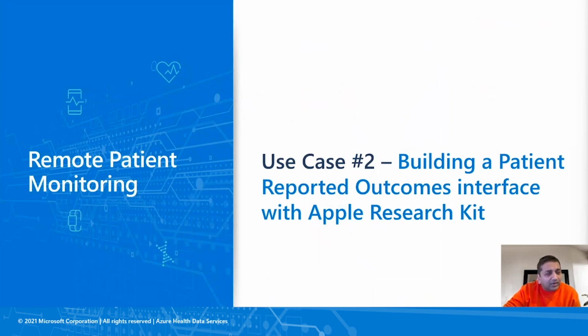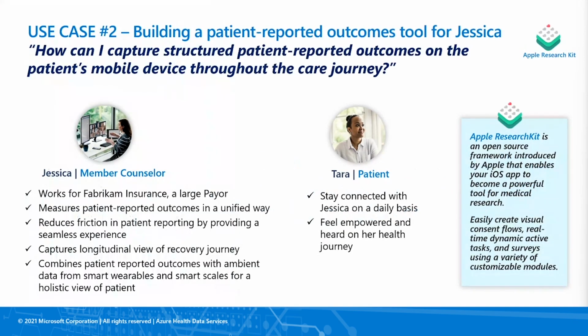Then now let's talk a little bit more about the patient-reported outcomes. As far as patient-reported outcomes, one of the things that you probably want to do as the counselor is be able to ask frequent questions to the patients and let those answers determine the next steps of that journey in terms of care.